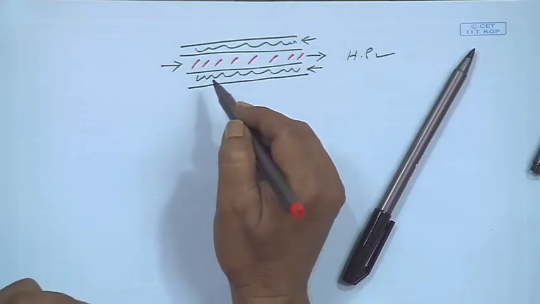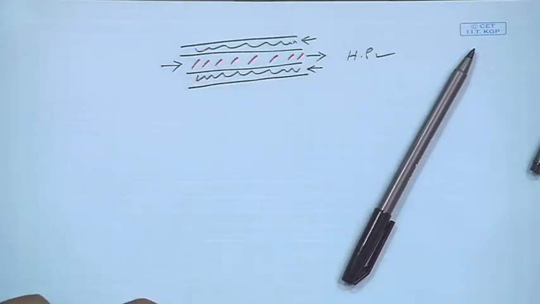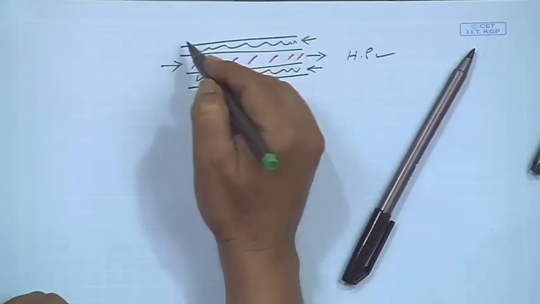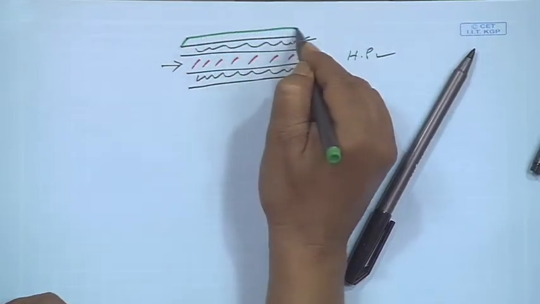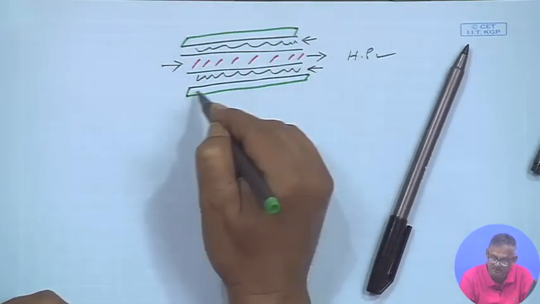In that case, of course, they will be insulated. In reality, that will be insulated, like here there will be one insulation, similarly here there will be one insulation.